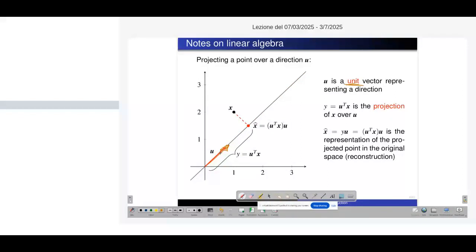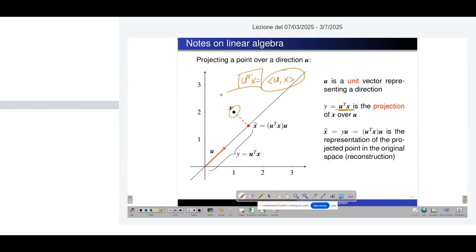Now, what does it mean to project over the axis defined by u? Well, it means to compute the coordinate of a sample over that axis. How do we do it? Mathematically, the projection of x over a direction u is computed as the scalar product between u and x. This is how you probably have been used to write scalar products.